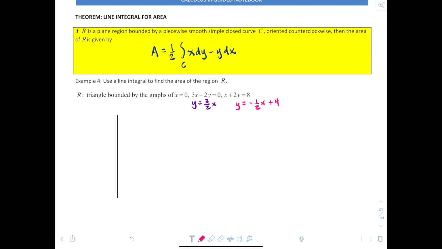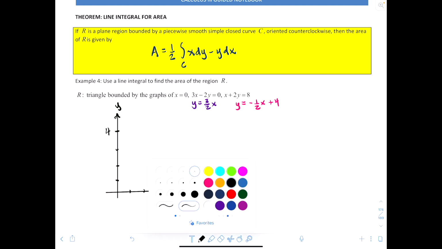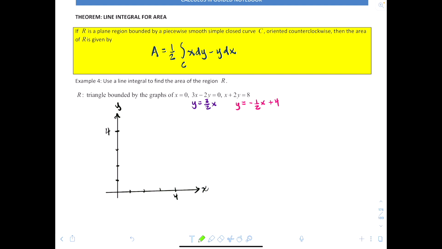I don't have anything dipping below the x-axis, and I don't have anything to worry about to the left. So 1, 2, 3, 4, and let's see if this scale works. All right, so x is 0, so we're bound from that by the y-axis.